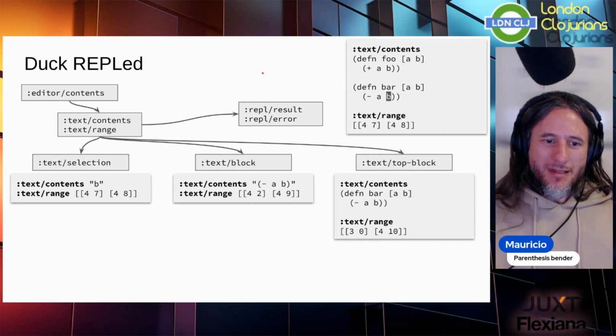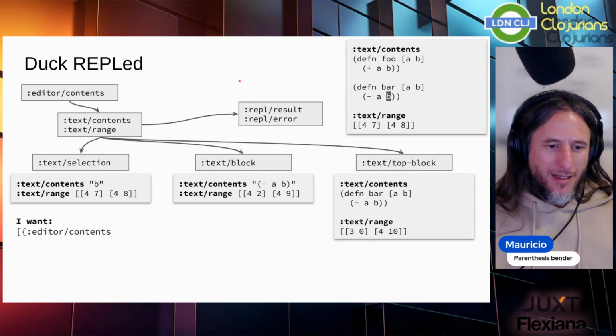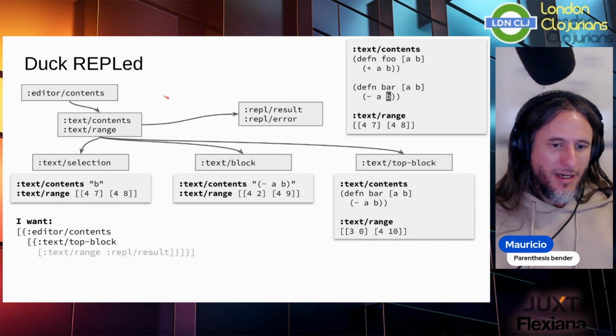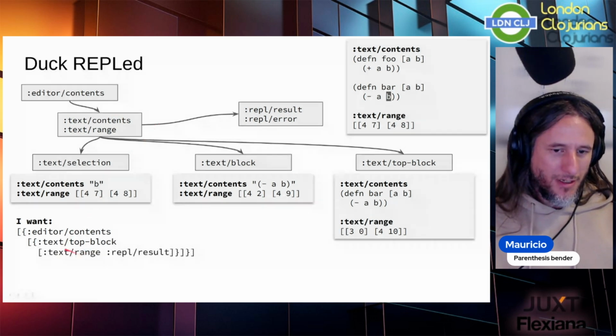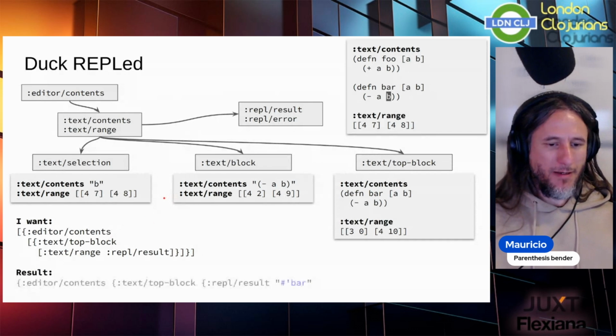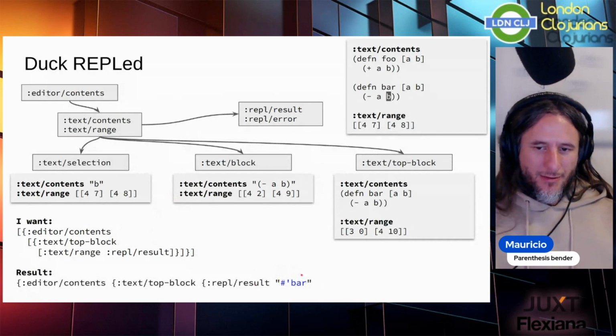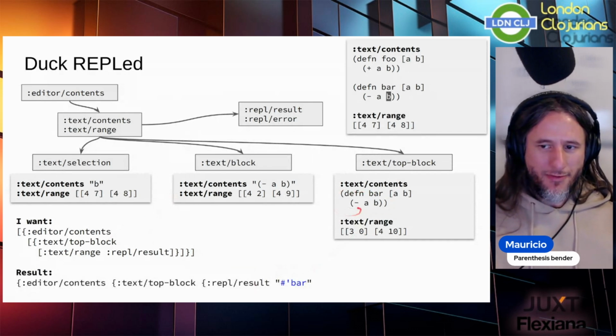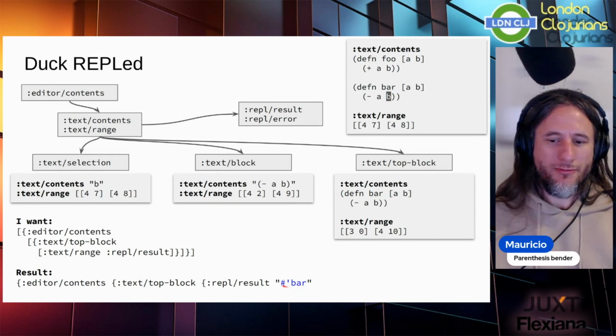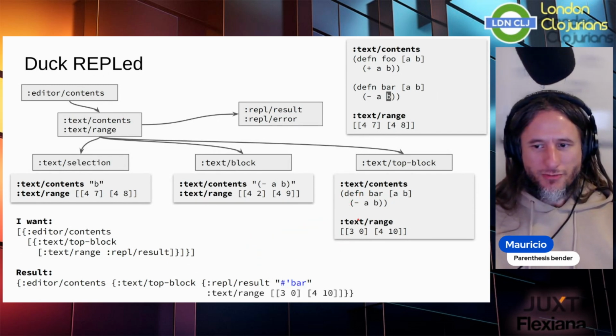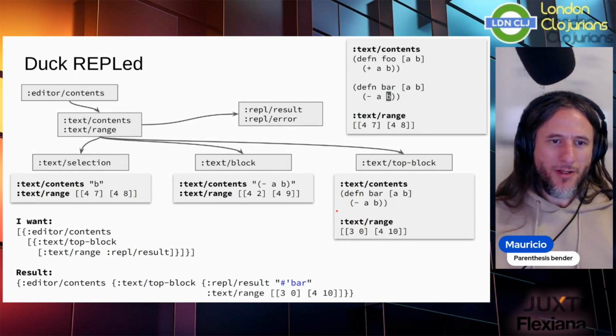So a way to use that is to say that from the editor contents, I want the text top block, the range of that top block, and the result. And the result will be basically whatever that top block evaluated. So here's a def, so it will evaluate to a var. And the range will be the same as the range of the top block.